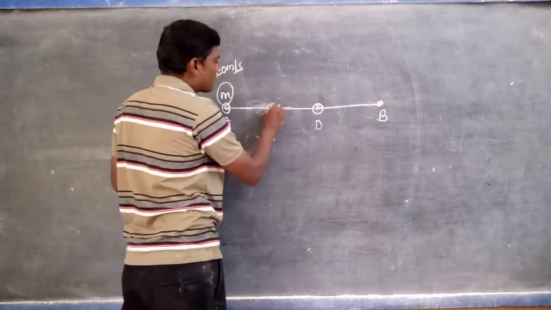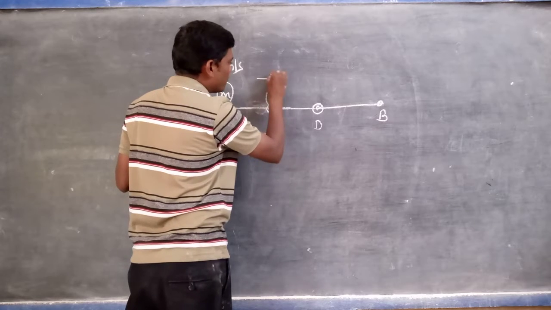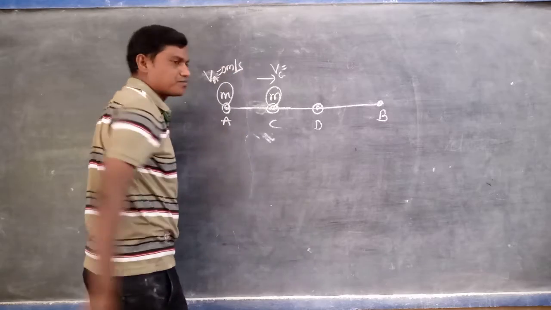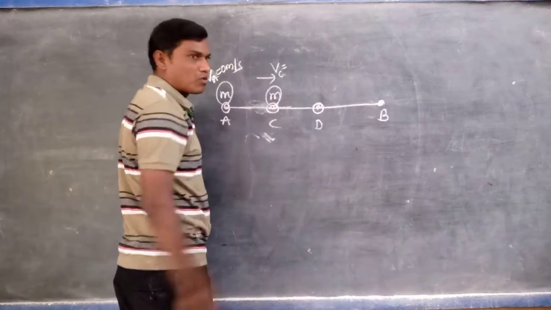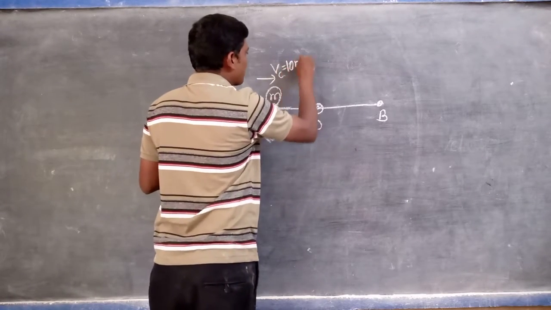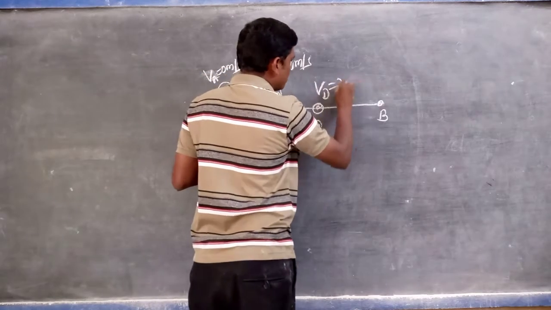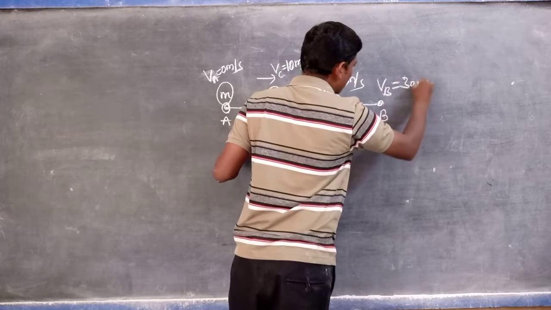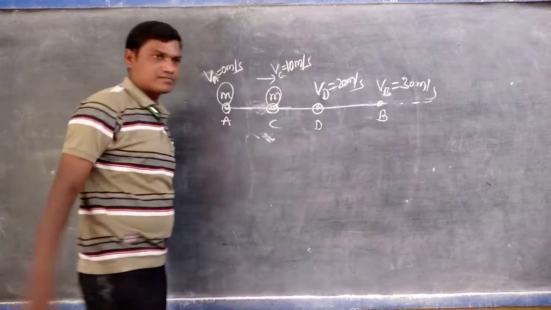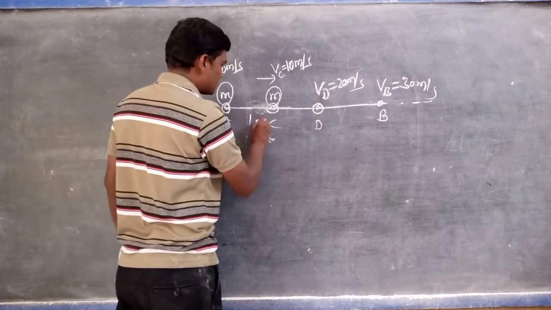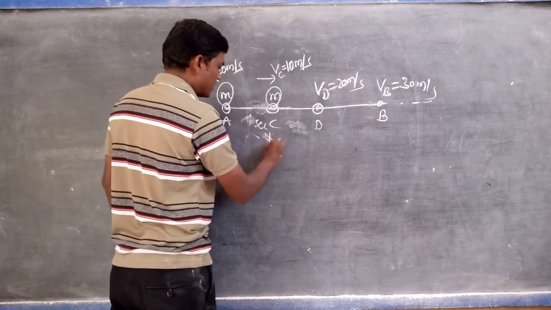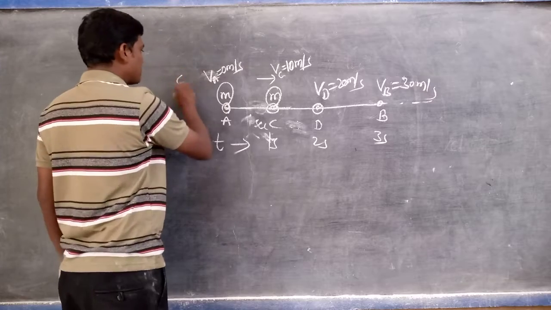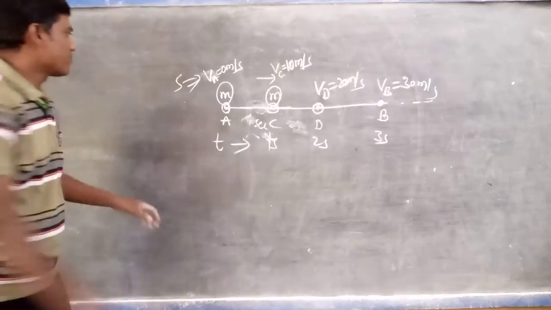At point C, the body is moving with V of C equals 10 meters per second, just for understanding. At point D, V of D is 20 meters per second. At point B, 30 meters per second, and it is moving continuously. Time: 1 second, 2 seconds, 3 seconds.